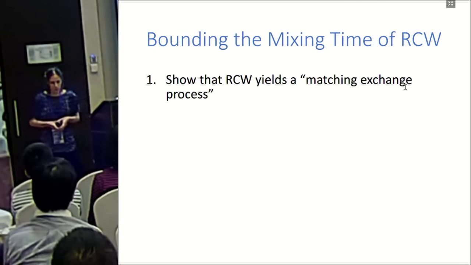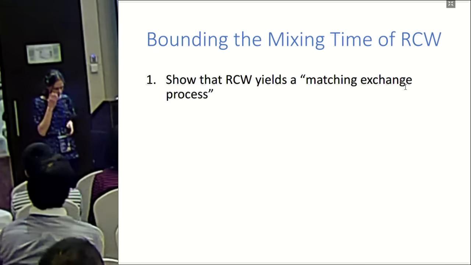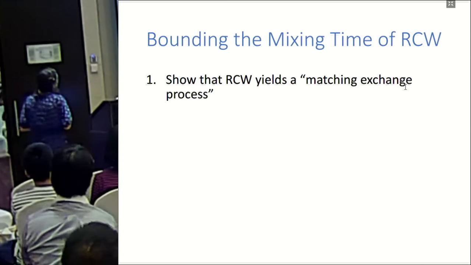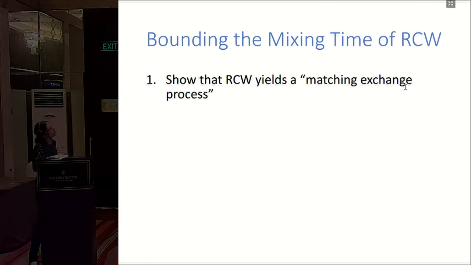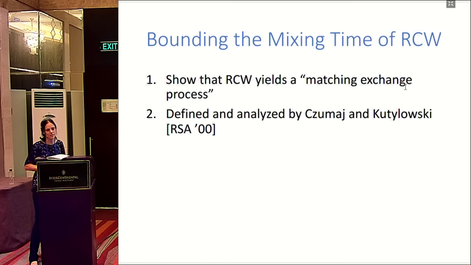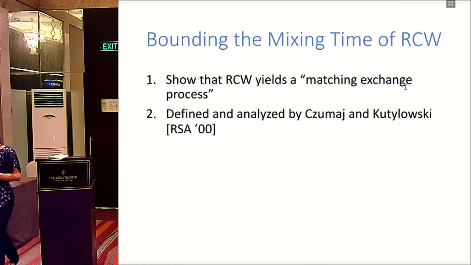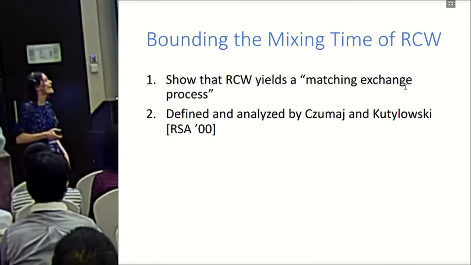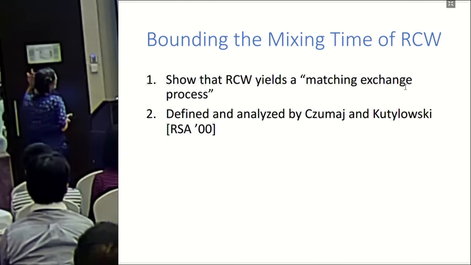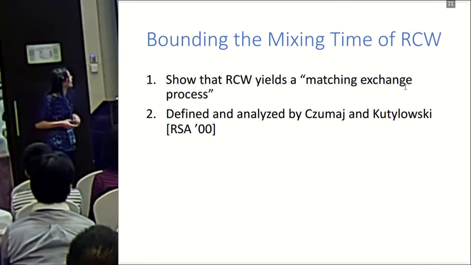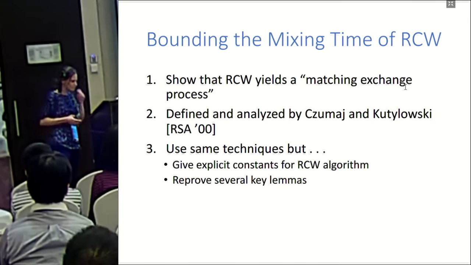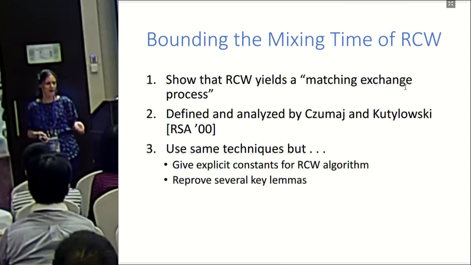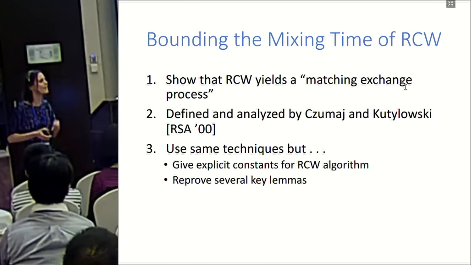OK, so in order to bound the mixing time, we're going to show that our algorithm yields what's called a matching exchange process. And a matching, I'll tell you what that is in a second. But essentially, it was defined and analyzed by Sumaj and Kulowski in 2000. And we're able to use a lot of the same techniques that they did to come up with a bound on the running time of our algorithm.